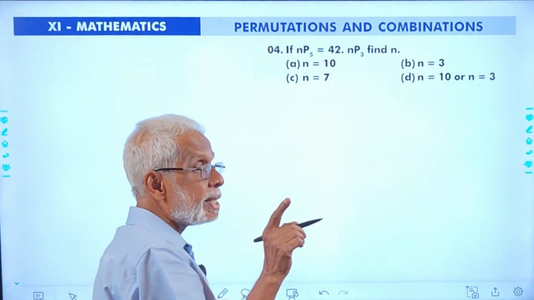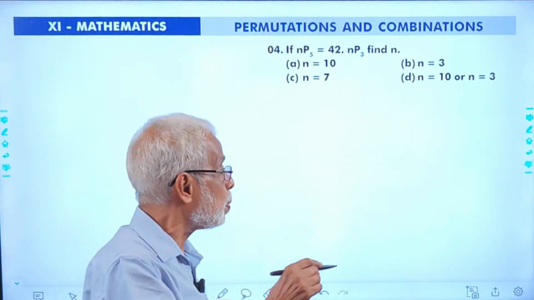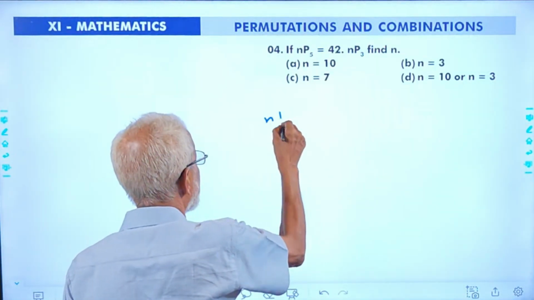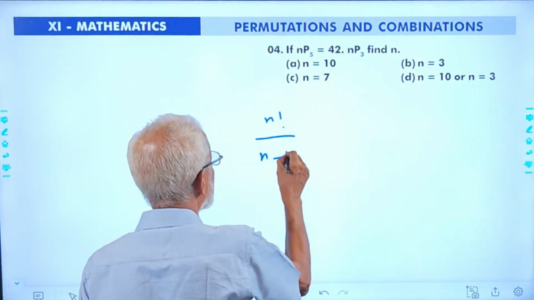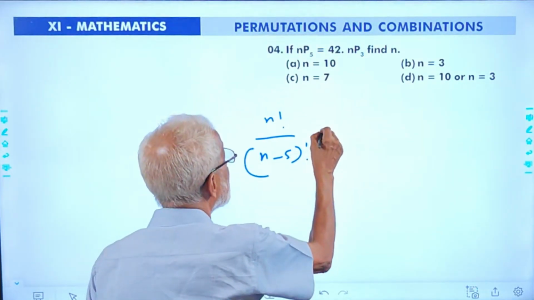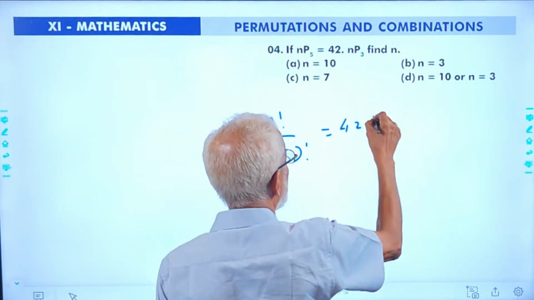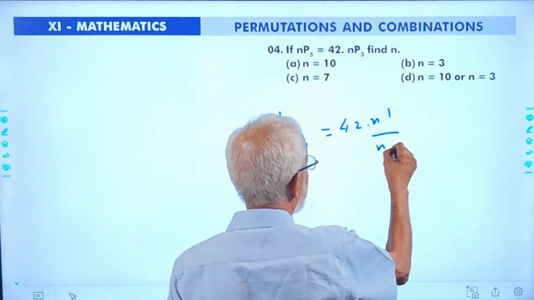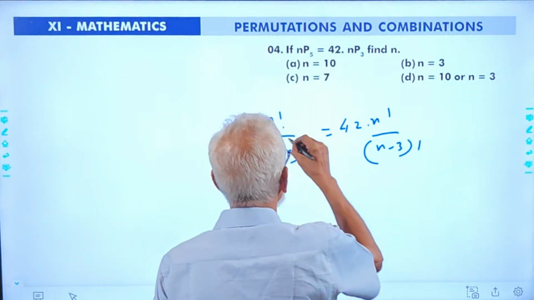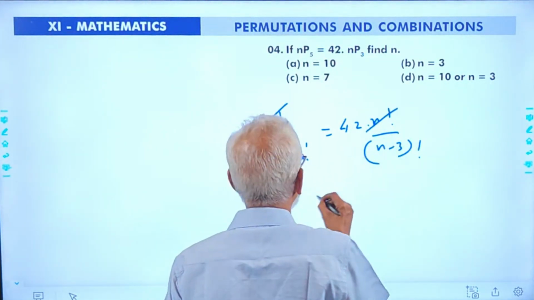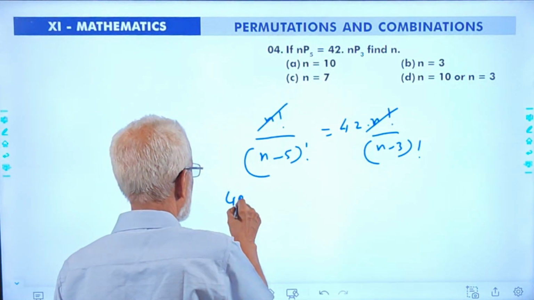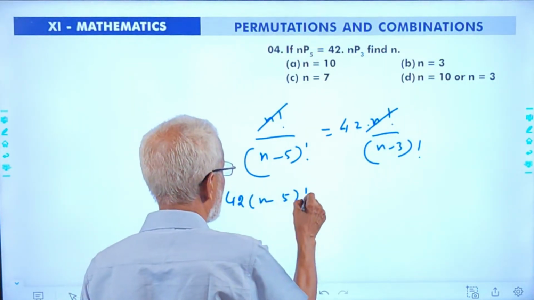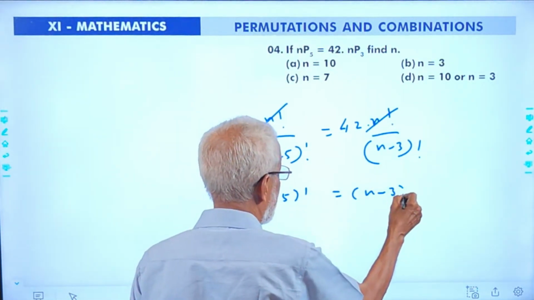You know, nPr is n factorial by n minus r factorial. Therefore, nP5 is n factorial by n minus 5 factorial, because 42 into nP3 is equal to n factorial by n minus 3 factorial. N factorial on both sides will get cancelled. We get 42 into n minus 5 factorial equals n minus 3 factorial.